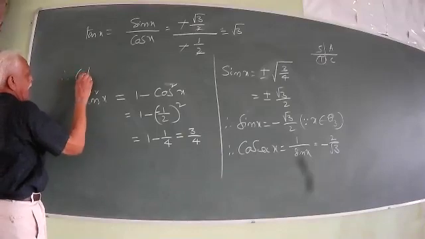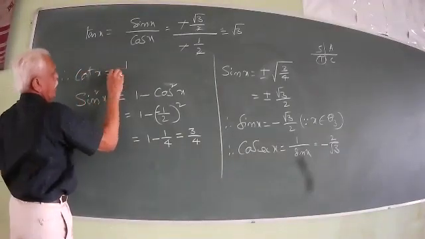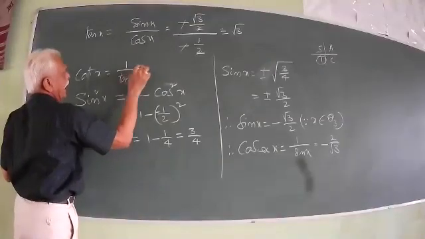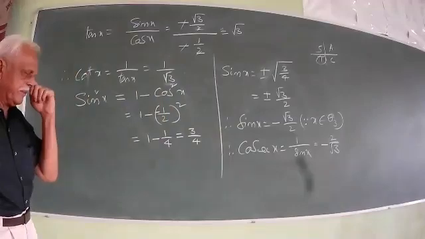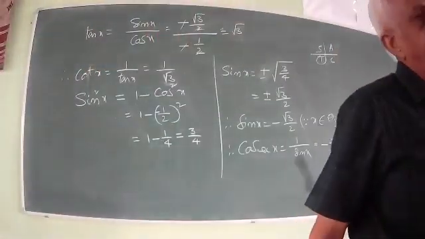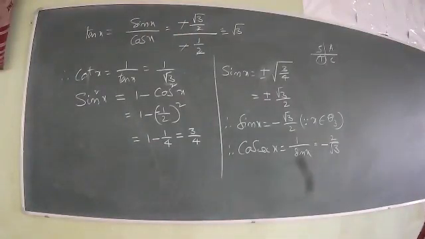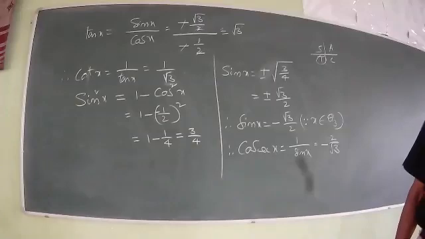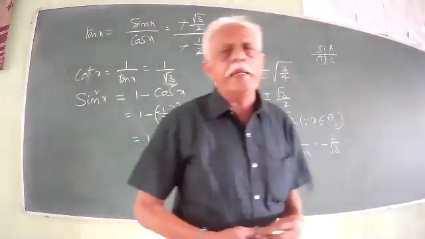Therefore, what is the cot ratio? Cot x is nothing but the reciprocal of tan, which is 1 by root 3. So unless you are thorough with the identities, it's not easy for you to find out. That's why those identities we learned at school level, again I have explained them. So be thorough with them.